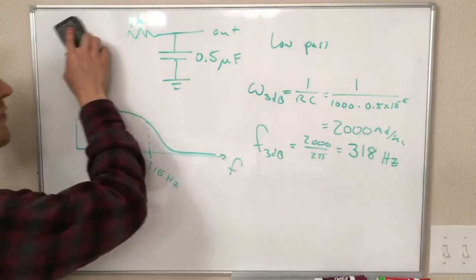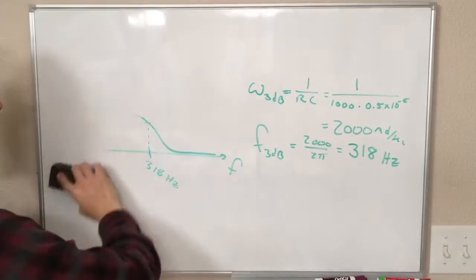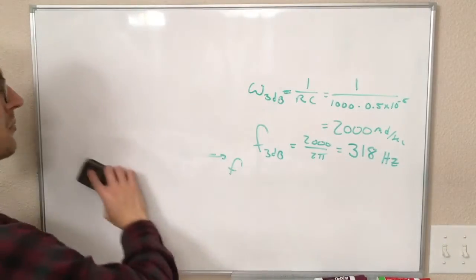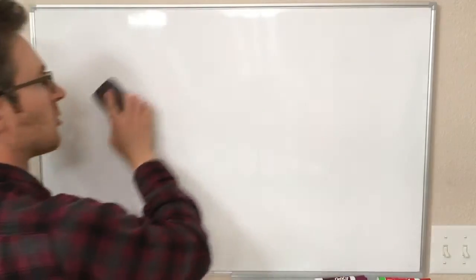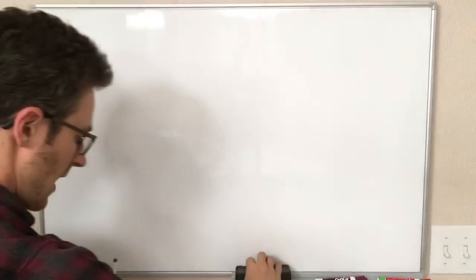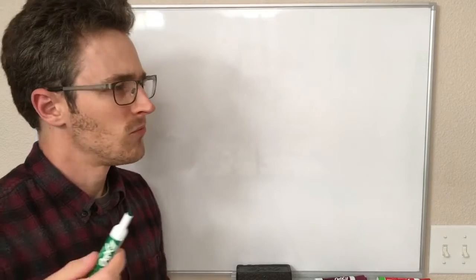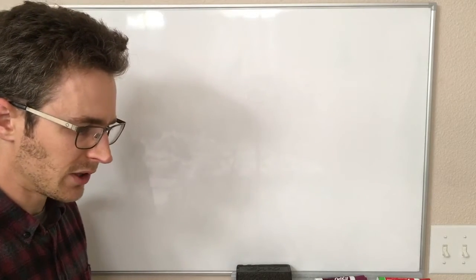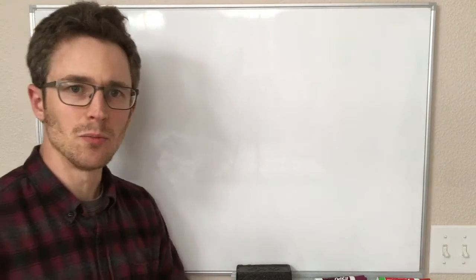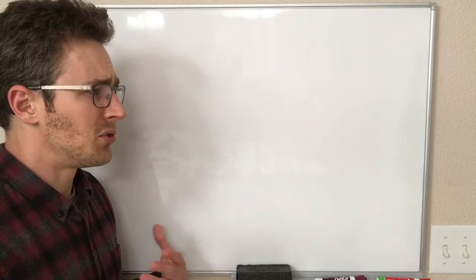Okay, speaking of figuring out responses to some signal, all this filter business has been assuming that we're putting in a single frequency into our filter and measuring the response of it to that single frequency. Why is that useful? Because lots of signals we have in electronics or communications or music are not pure sine waves.